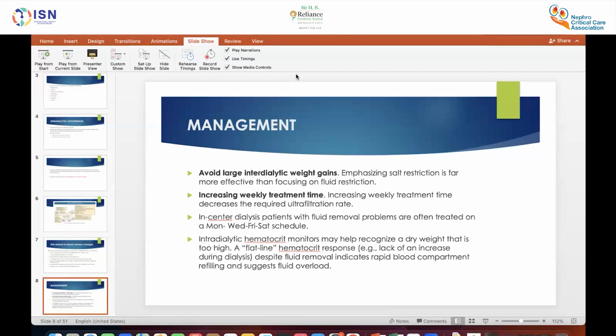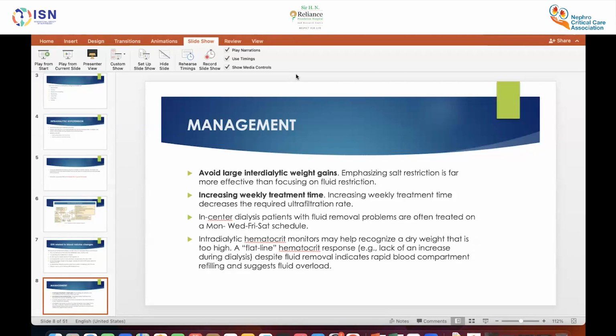A flat line response indicates that the patient still has volume overload, and enough fluid can get removed from your body. However, if the line increases with time, that indicates that you have to resort to reducing the ultrafiltration. So that is what the hematocrit says.